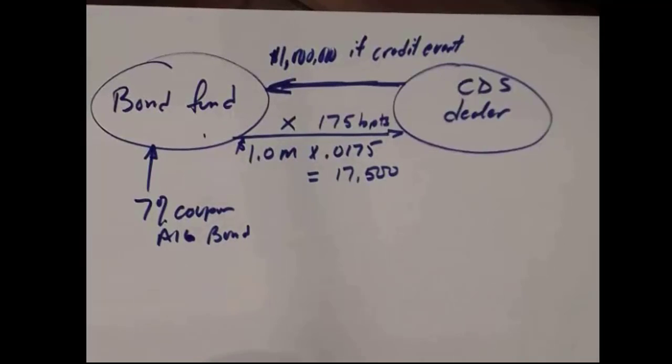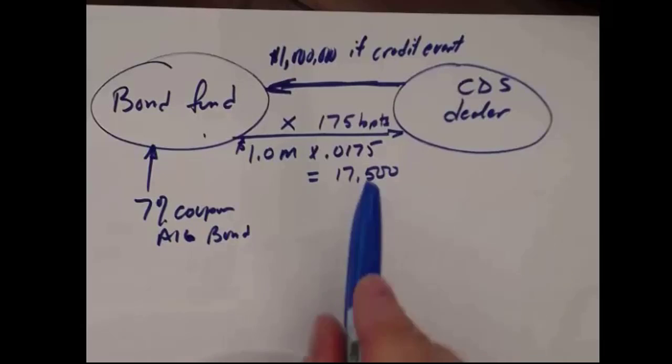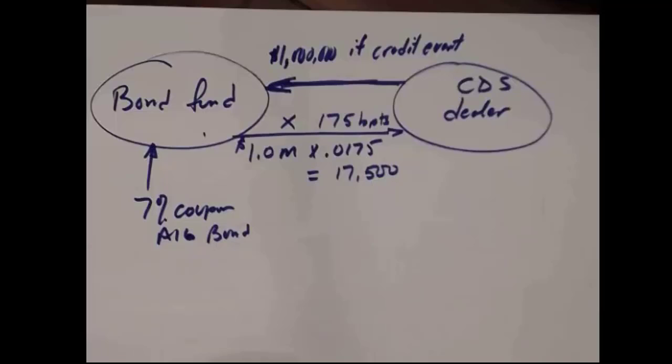Kind of like your insurance contract. Your house burns down, you get a payment from your insurance company, and you're not going to pay premiums because you're not insuring something anymore. So the premiums will go away after that. Very simplified example here.